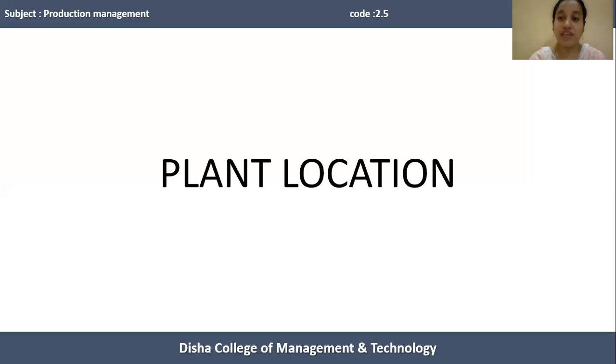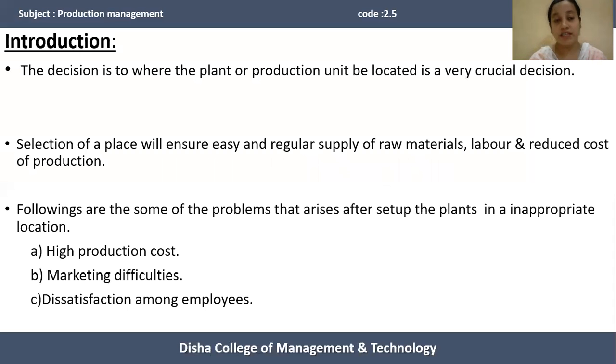Plant location is an identification of an area or place where the plant should be located, where the plant should be operated, and where actual production will take place. So we can say that plant location is a process of decision making related to identification of a place where the plant should be located, where the plant should be operated, and where actual production will take place.